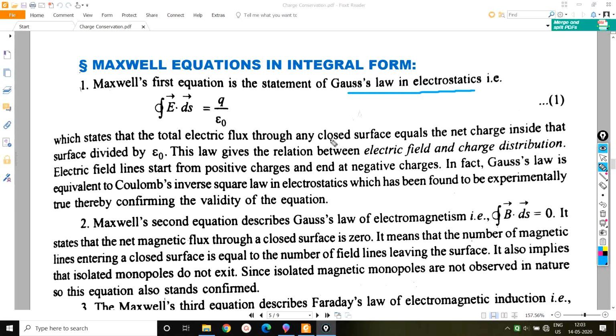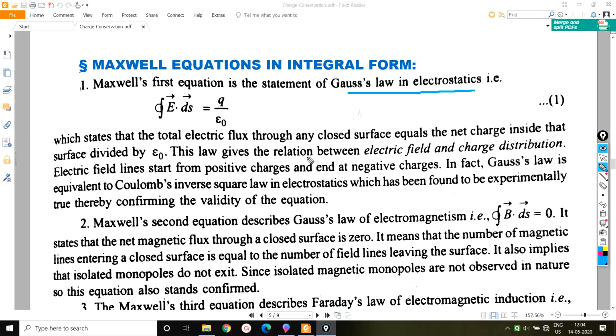So what is the physical significance, or what is the physics of this Gauss's law in electrostatics? This law gives us a relation between electric field and charge distribution. Electric field starts from positive charge and ends at negative charge. In fact, Gauss's law is equivalent to Coulomb's inverse square law in electrostatics.